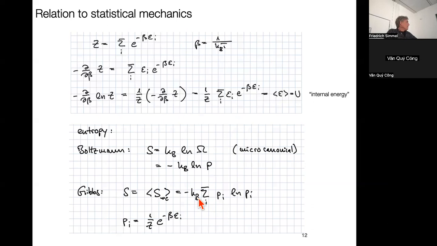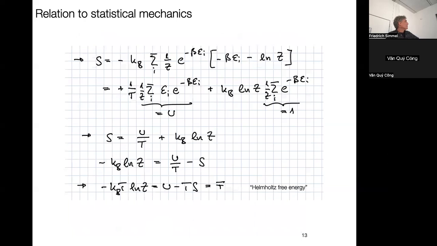And you can now just take the Boltzmann expression for these probabilities p_i and insert that into the entropy expression. After some calculation, which I'm not going through in detail, the first term gives you the free energy.